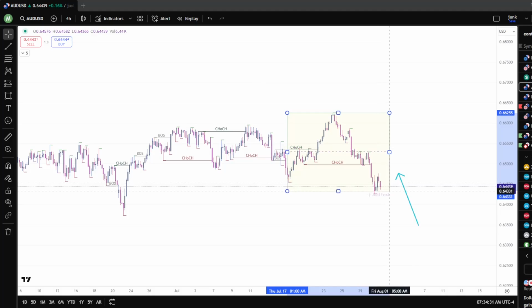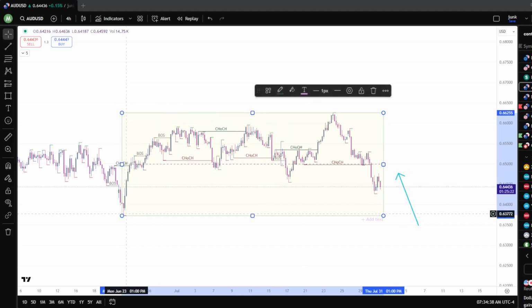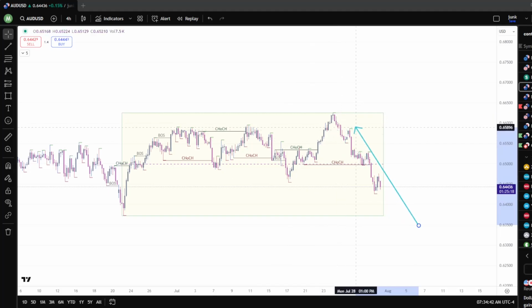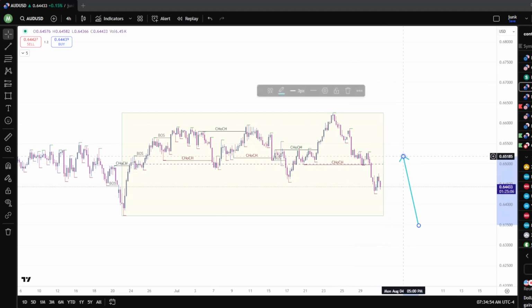But it is technically in discount of this overall range, but the price already tapped into that discount and made those new highs. So right now this is broken structure to the downside, consolidated, but really made lower lows, lower highs, lower lows. Should be a lower high. Should continue to target the lows of the overall range.